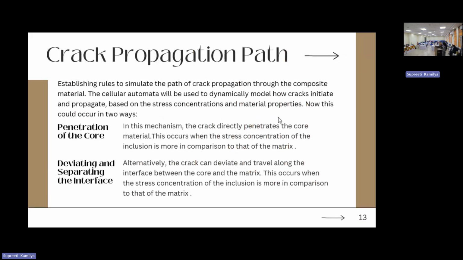There could be another scenario wherein the crack can deflect and go around the core instead of penetrating the core. This happens when the stress concentration in the matrix is more in comparison to that of the inclusion.